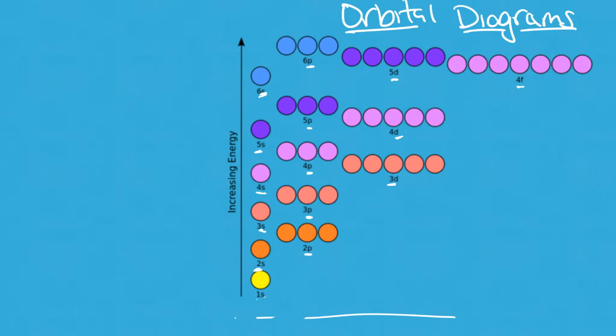A couple of important rules you have to remember when writing orbital diagrams. The first one is Aufbau's principle, which states that electrons try to occupy the lowest energy level possible.